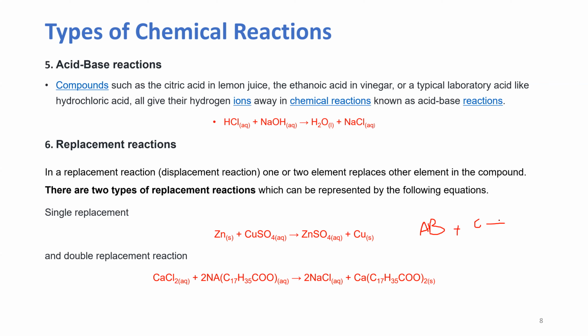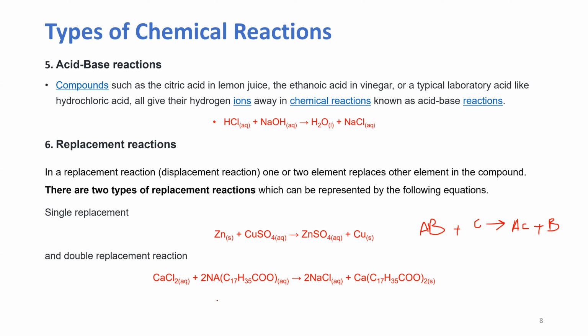And the reaction is happening like C has replaced the B, right? And now the product is AC, and B has been removed as such. So now this is a kind of single replacement, that the C has replaced the one element which is B, and now this is the part of the A as one compound, and the B has been eliminated.